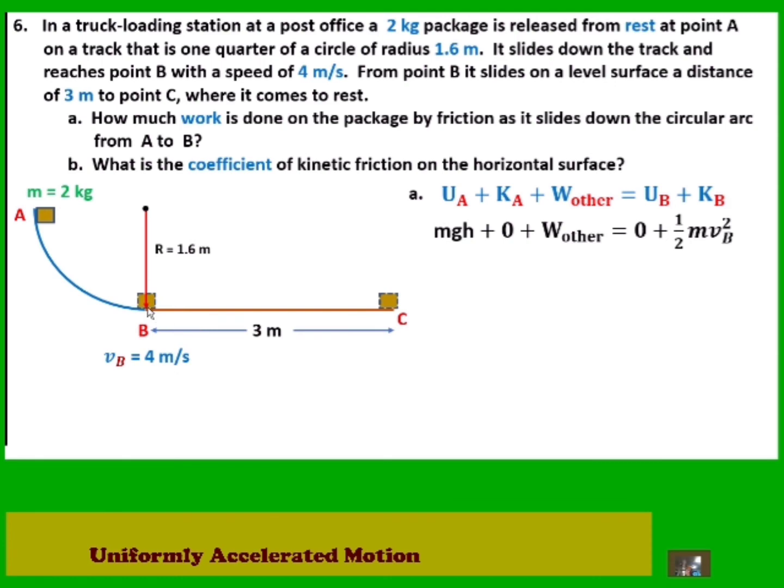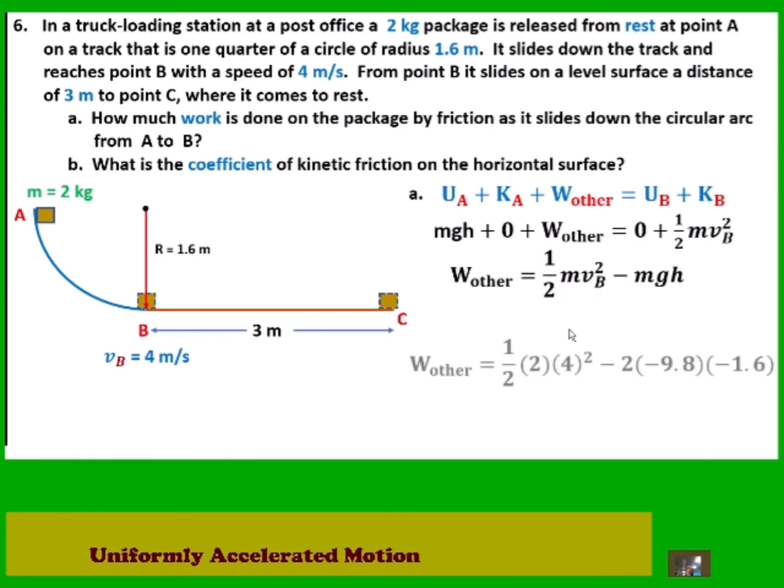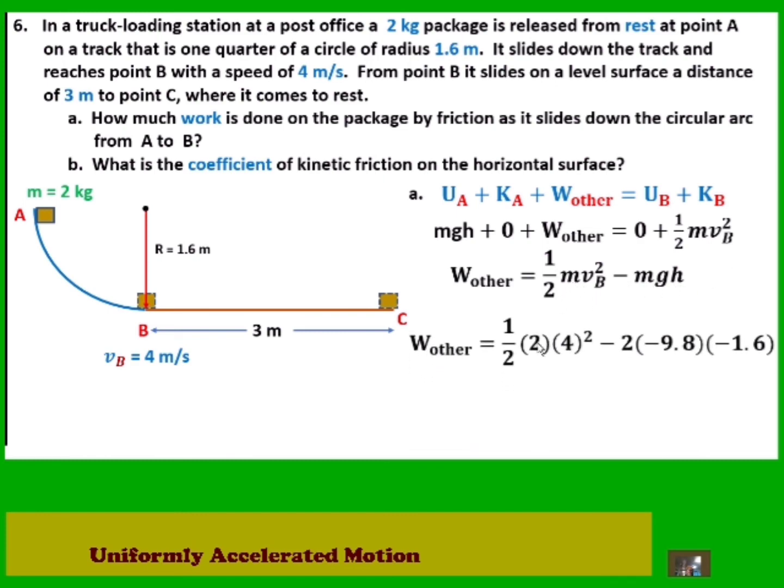At point B, its potential energy is 0. Its kinetic energy is 1/2 m v sub B squared. In letter A, it is asking for the work done on the package as it slides down from point A to point B. So the other work is unknown. Solving for W other, transfer mgh to the right, it becomes negative. Then substitute the values: mass is 2 kilograms.